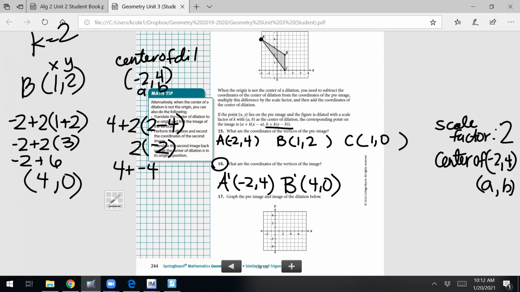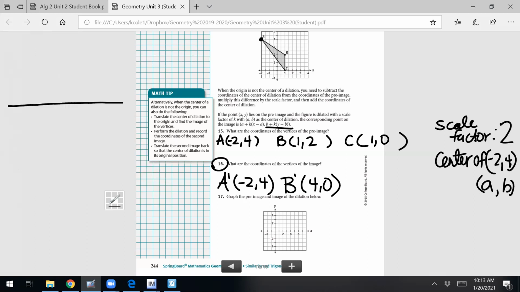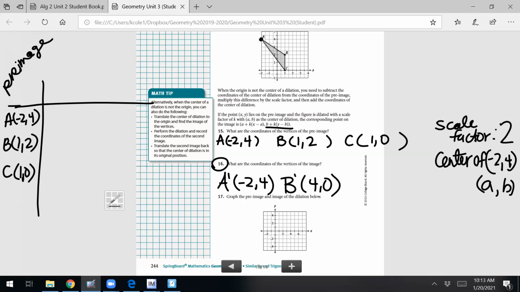So if I was going to do this with a table, the first thing I would have is my pre-image. Okay, so I would have my ordered pairs, and I didn't really give myself enough space. So my A is -2, 4, B is 1, 2, and C is 1, 0, which I'm going to skip straight to C since that's where we're at.